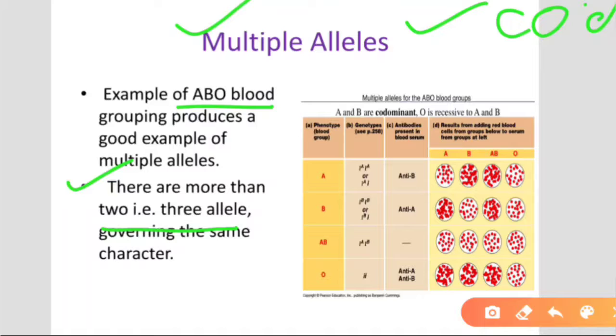But we see here that blood group is controlled by 3 genes, IA, IB and small i. So what is the combination?